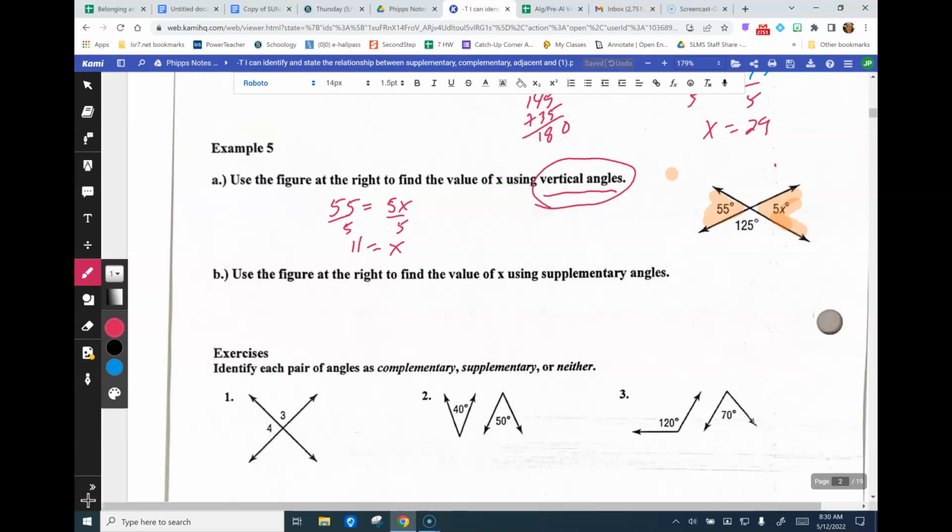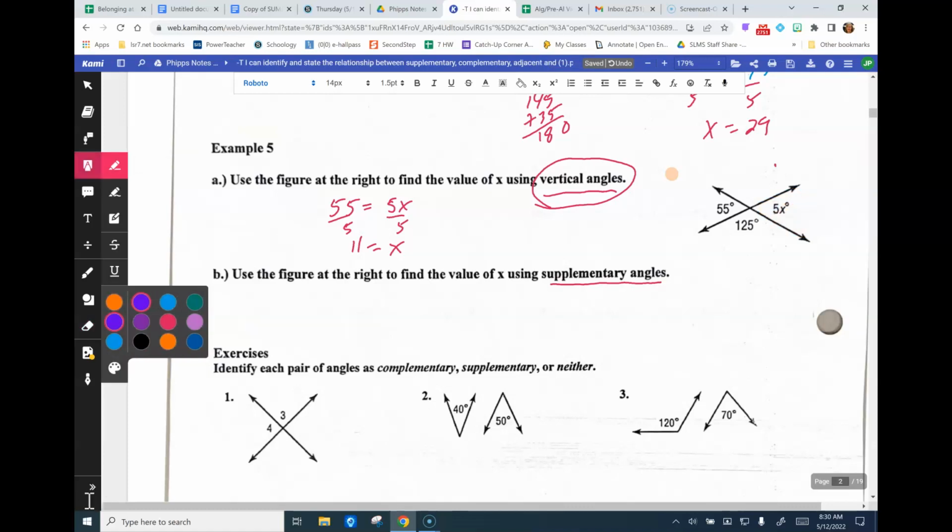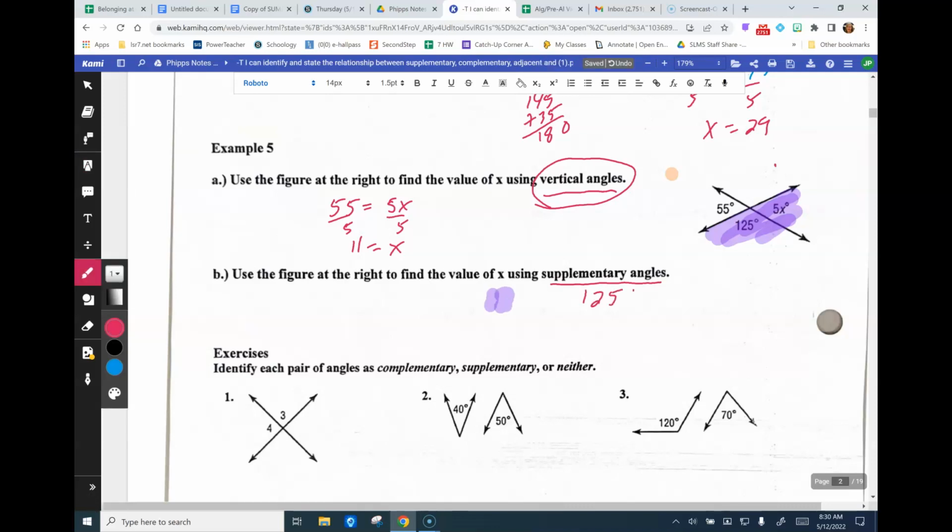Now, the next one says use supplementary angles, because the cool thing here is that I can also see that these are supplementary angles. If I look at supplementary, see right here? These are on a line. They're on that line right there. So those are supplementary. So I could take 125 plus 5x. And we know supplementary angles are 180.